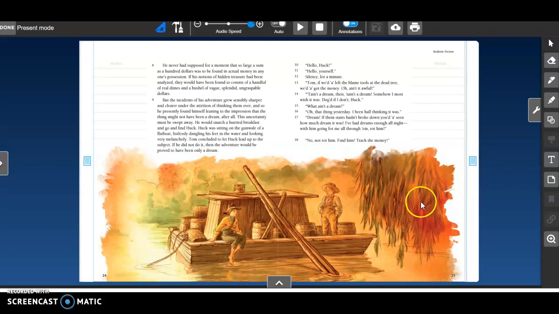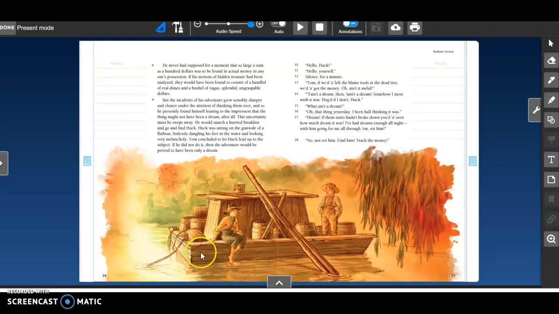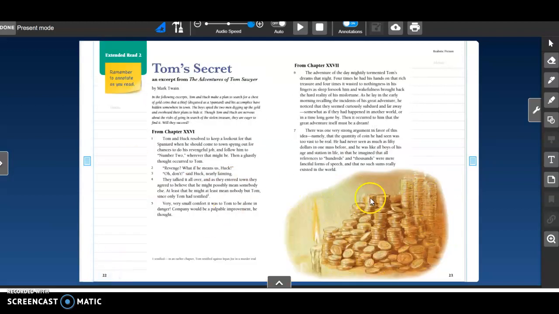Okay, so you can do this part with a partner. All right, and then you come back and we're going to do the next reading lesson, but then during small group time, you'll pick one of these two images and talk about what it adds to the text or tells you about the characters or mood. Okay, and I'll put these directions also into Google Classroom for you.